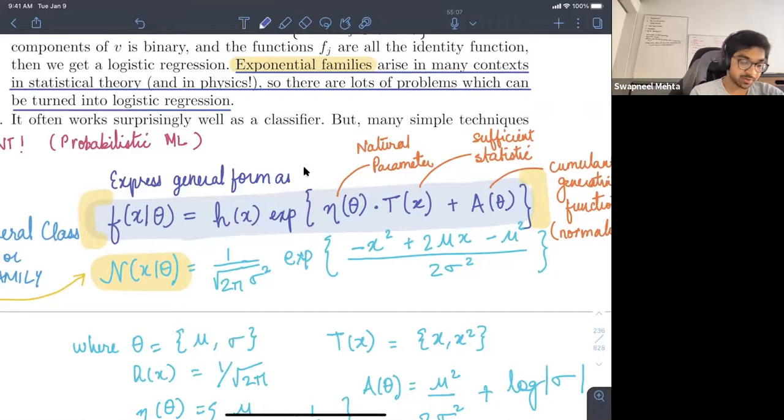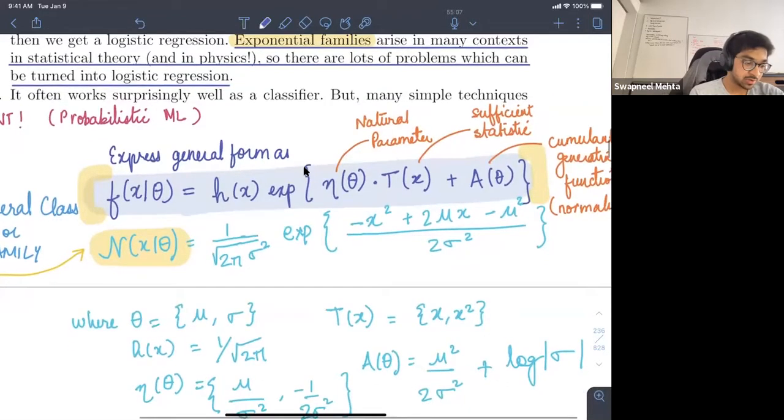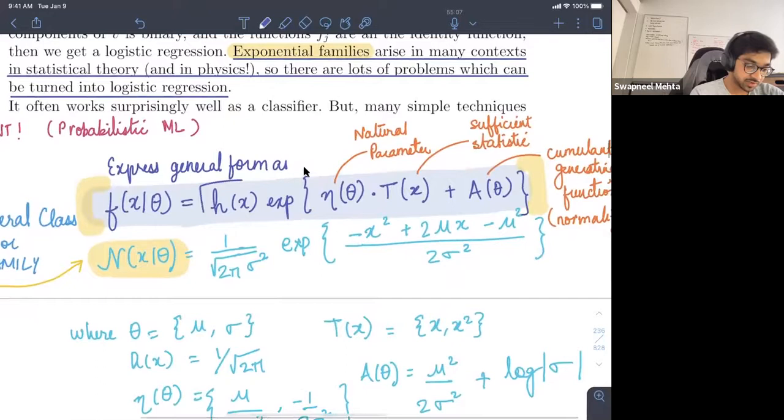So what is this form, and why do we care? Well, h of x is some function of x, clearly. Because this is a probability distribution, this has to be a non-negative function, because exponents are always going to be non-negative. Like e raised to x, no matter what x is, this will be greater than 0.